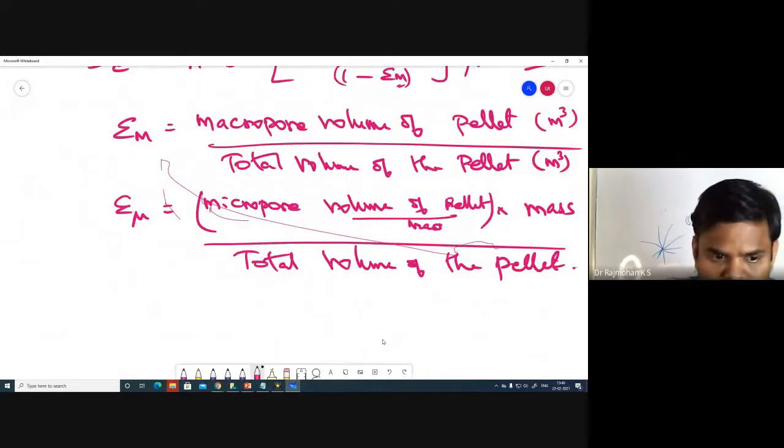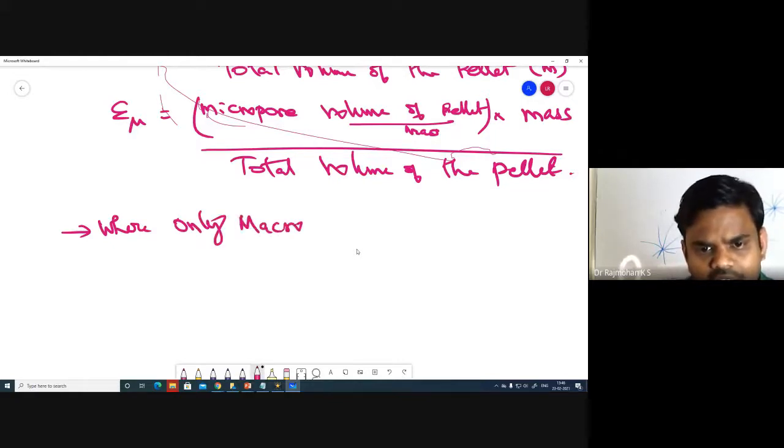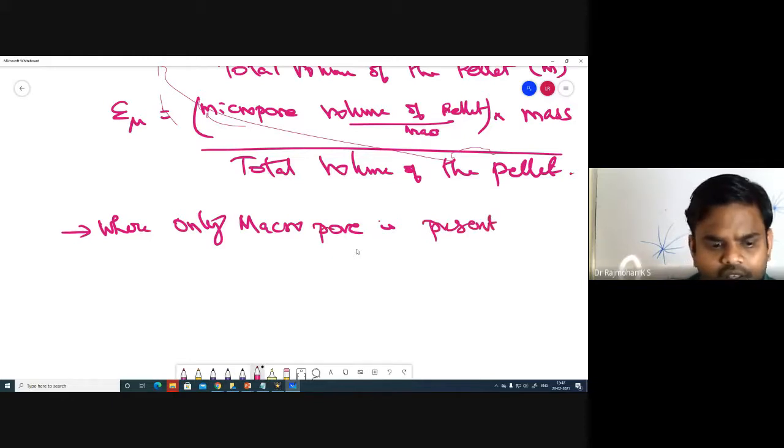And what are Dm and Dμ? I told you, Dm is for macropore and Dμ is for micropore. So we are going to simplify this equation. There can be cases where only macropore is present, or only micropore is present.